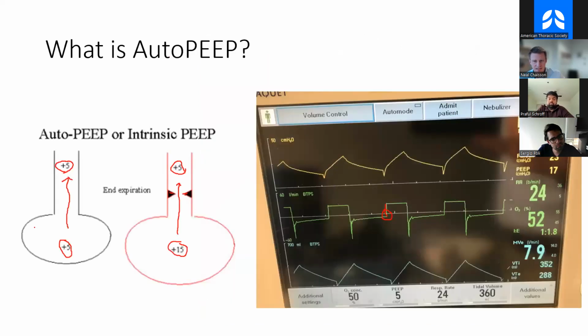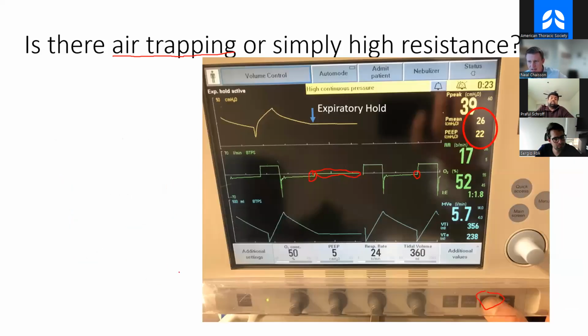Now, if the patient's at equilibrium, that means that their pressure on this expiratory hold should equal the PEEP, the end expiratory pressure that we're giving them. But if the patient's not at equilibrium, their end expiratory pressure should be higher than that PEEP, because their lung is still partially inflated. If you look at our patient here, we gave them a PEEP of 5, but at this end expiratory hold right here, look at what their PEEP is measuring at: 22.